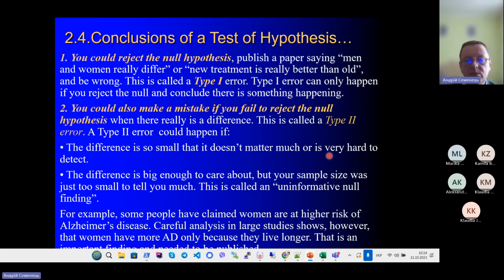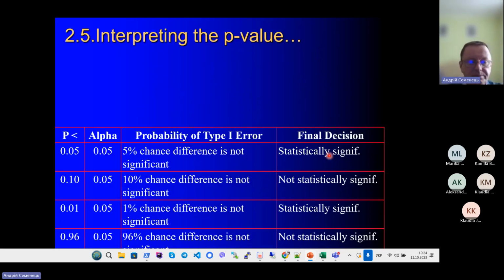And it's even more difficult with type 2 error, when the difference is so small it does not matter and is very hard to detect, or big enough but the sample size is too small. So here is a very common case when we deal with a very small sample and do not have evidence in this small sample, but in reality, it happens.